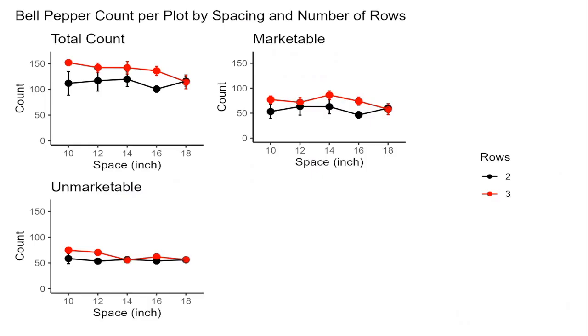I did the same presentation last week, and somebody asked, okay, should I keep my in-row spacing the same? My statistics didn't tell me the answer, and I want to do regression on that. But I just did a simple line graph with total yields. As you can see, the total count is higher in 3 versus 2, and the marketable is higher in 3 versus 2.